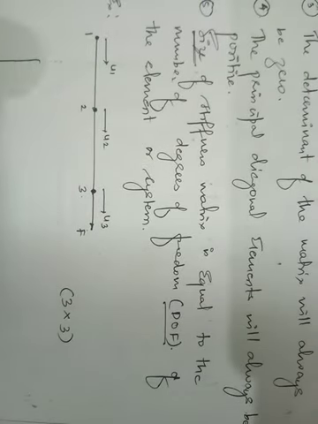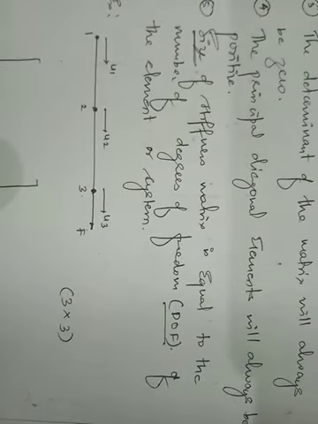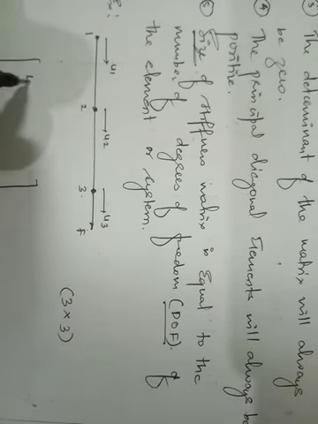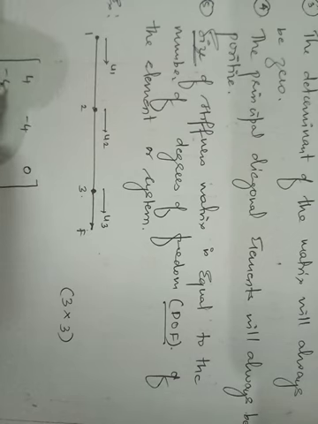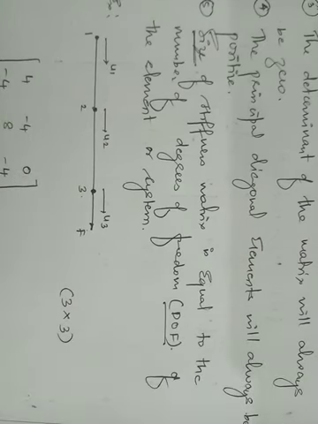Now I have just taken an example of a stiffness matrix: 4, -4, 0, -4, 8, -4, 0, -4 and 4. This example explains all the points which I have written over here.